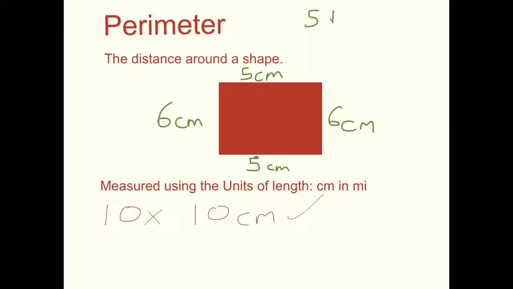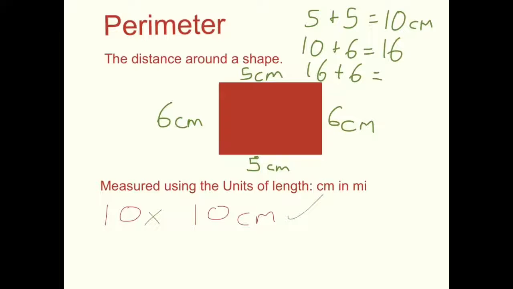So we have 5, add 5, which is 10 centimeters. Then we add on 10 centimeters, add 6, which is 16. We add on another 6, which will give us 22 centimeters. So the perimeter, or the distance around this shape, is 22 centimeters.